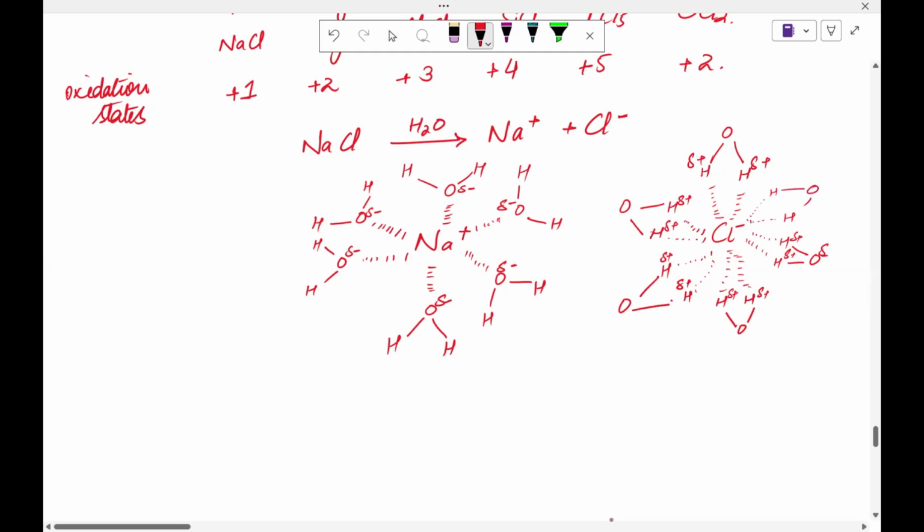So you can see that a chloride ion is surrounded by six pairs of hydrogen atoms, which are partial positive.